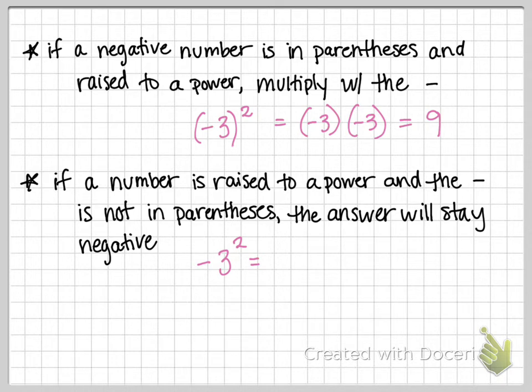And that negative sign just tacks onto the answer. Do you see that? Negative 3 times 3. And then our answer is negative 9. Because we're not multiplying the negative 3 quantity by itself 2 times. We're just tacking the negative onto the end. Okay? So just be careful. The parentheses matter, and they start to matter a lot.